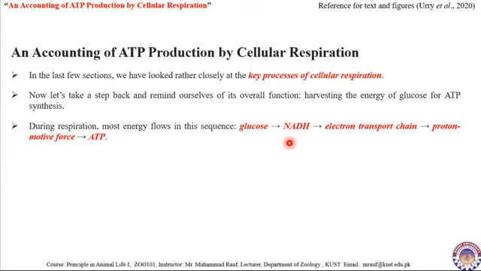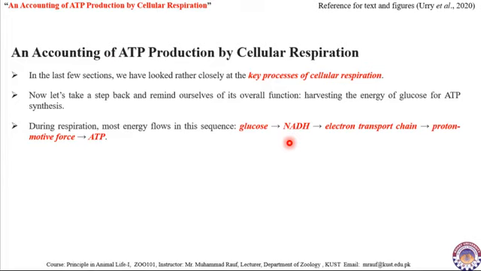Because the pyruvate molecules produced are 2 in number, the Krebs cycle occurs twice. So all this NADH and FADH2 population then rushes to participate in the electron transport chain.